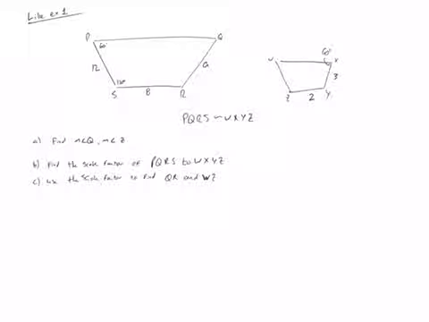So let's see if we can use what we just learned to go ahead and solve these. It says find the measure of angle Q and Z. So looking for this angle and also this angle. Well, we know that these two are similar because we were told that they're similar.